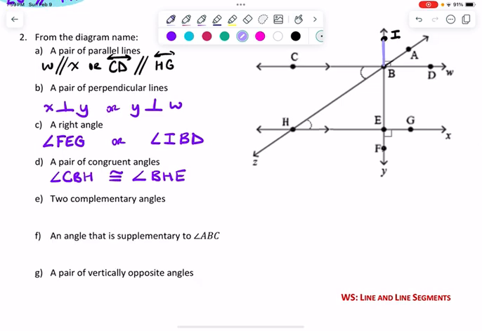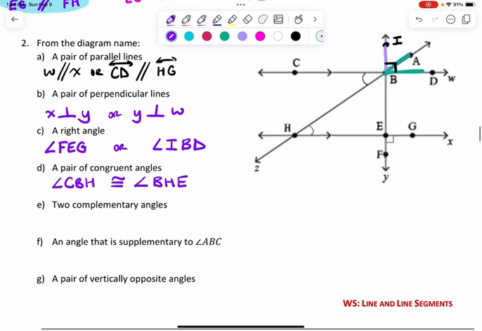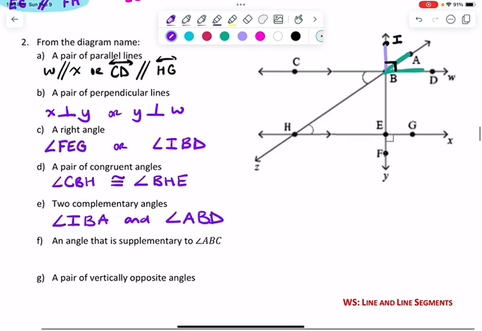So here I see IBA and ABD together create that 90 degree angle, together form that square. And there's no special notation for complementary, so I'm just going to say angle IBA and angle ABD would be complementary.